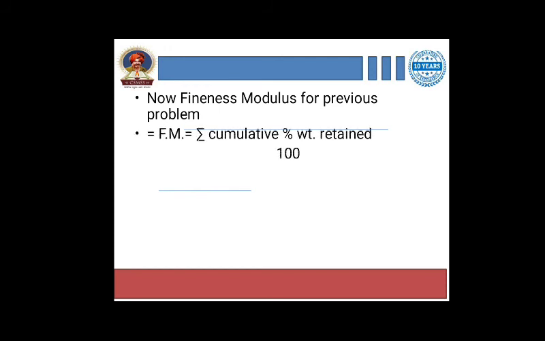Now we will calculate the fineness modulus for the previous problem which we had seen. Fineness modulus for the previous problem will be the summation of total cumulative percent weight retained divided by 100.